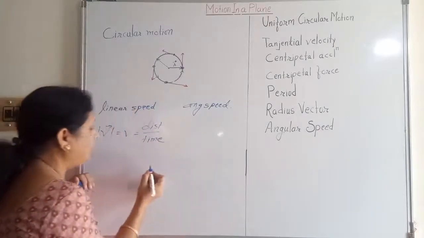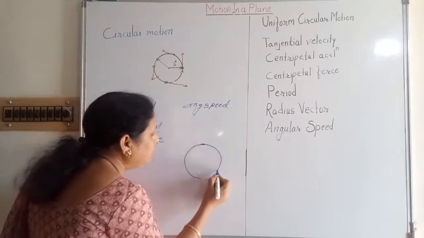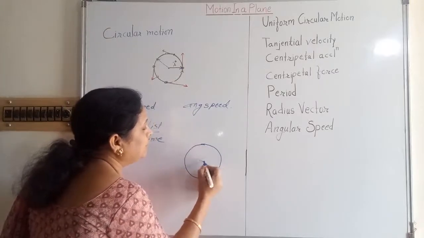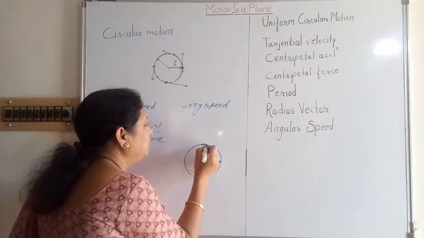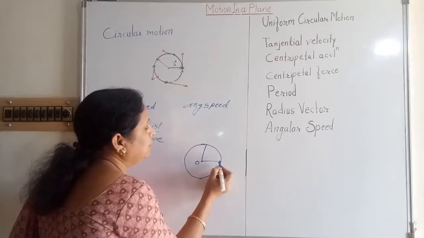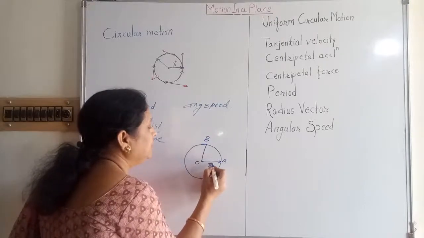When the object, see here I draw the diagram again, moves along the circumference of a circle with constant linear speed, it is called uniform circular motion. This is point A, this is point B, suppose this is a radius vector.